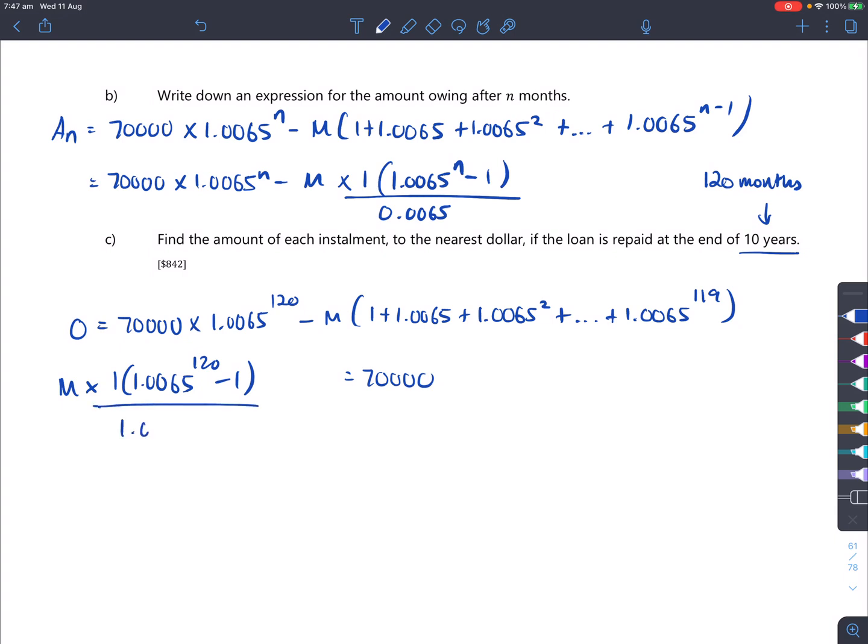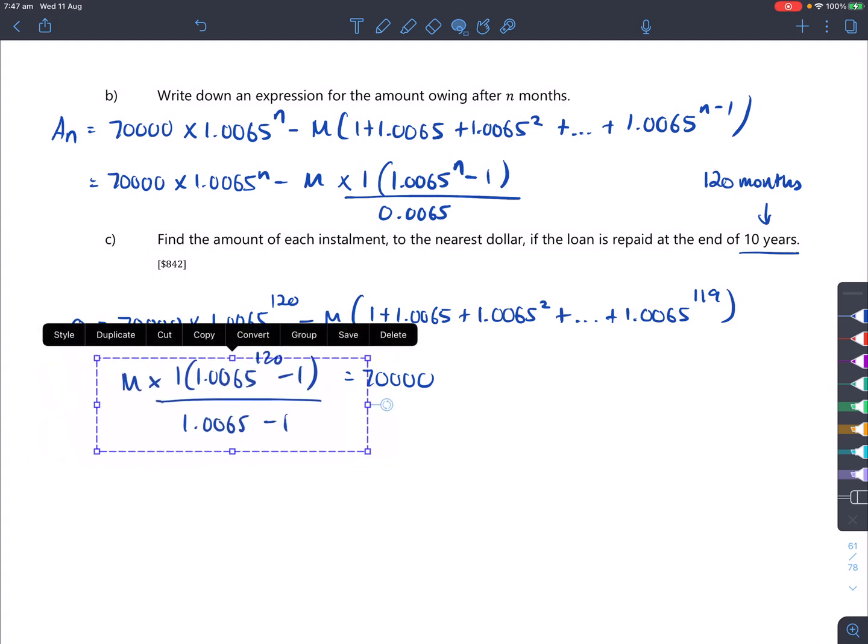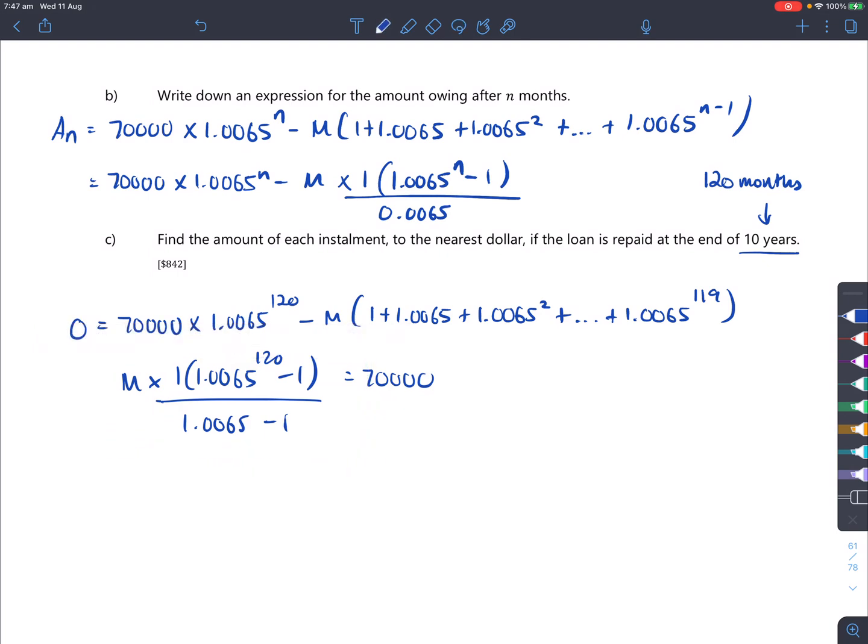Over 1.0065 minus 1. And there we go. So all we have left to do is find out what our M value is. Okay? So M, oh, and you know what? This should be actually here. I missed out something. That should be times 1.0065 to the power of 120.